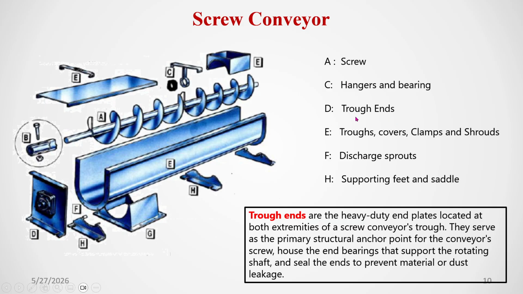Then D is your trough ends. Here you see the trough end. What are trough ends? They are heavy duty end plates located at both extreme ends of a screw conveyor trough, this end and this end.